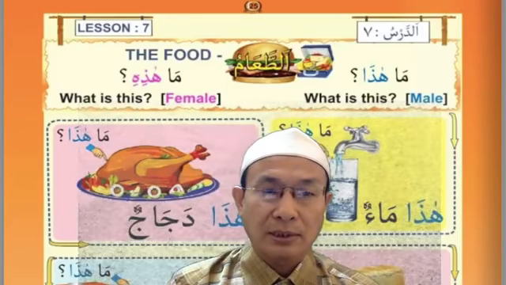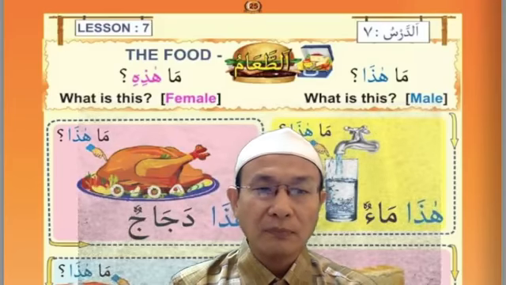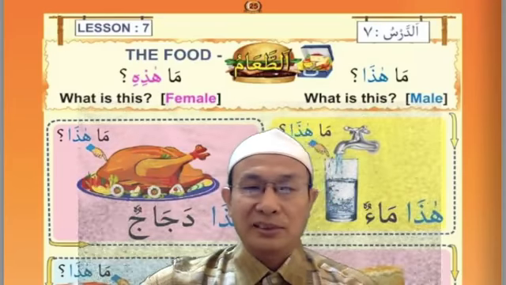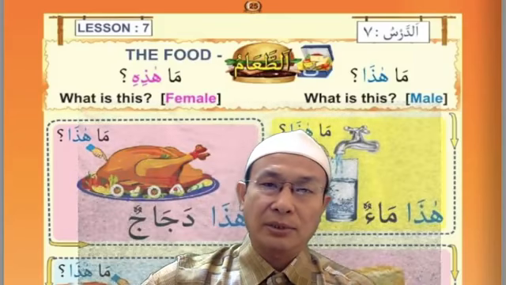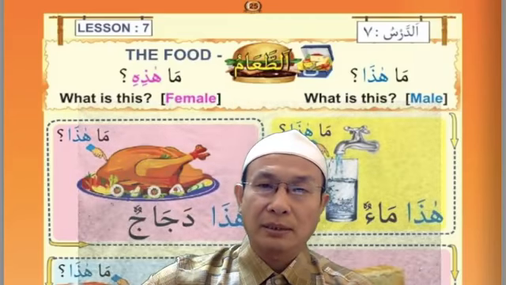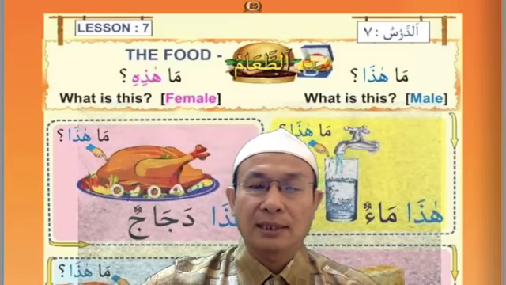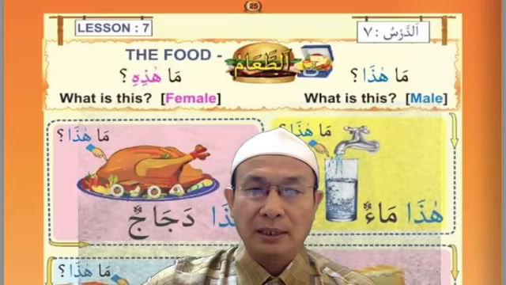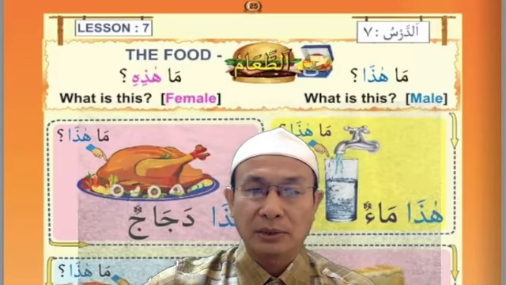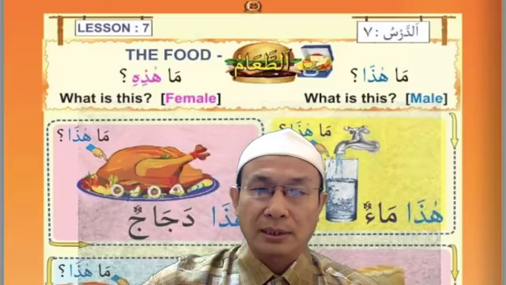Inshallah ta'ala, today our lesson will be lesson 7, the food. We still study the usage of Arabic demonstrative pronouns هذا and هذه. هذا is male, هذه is female.